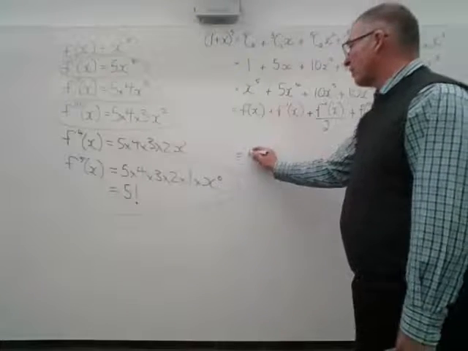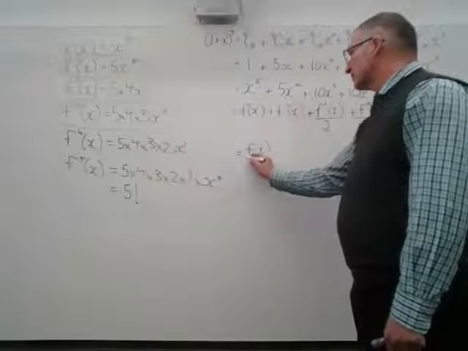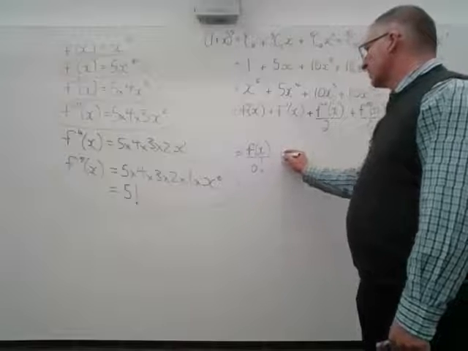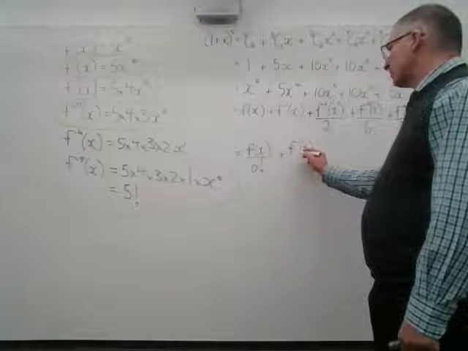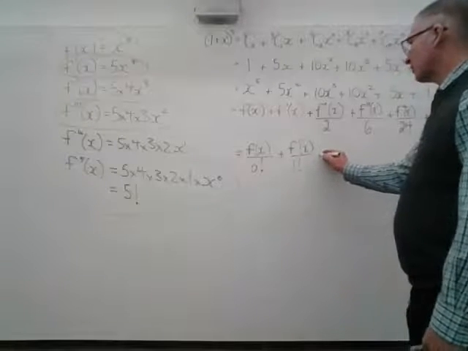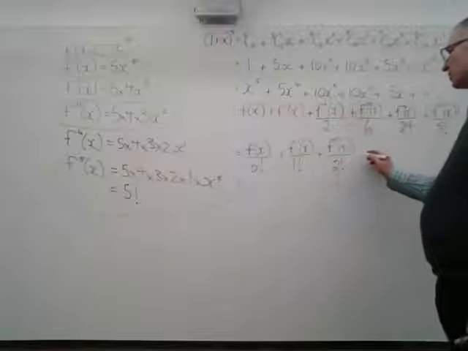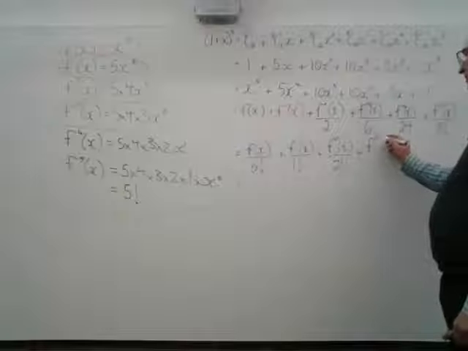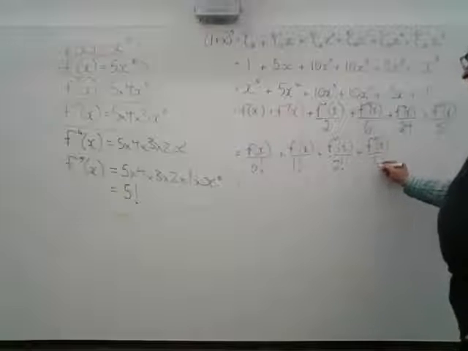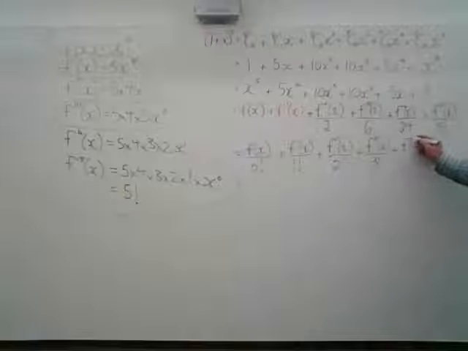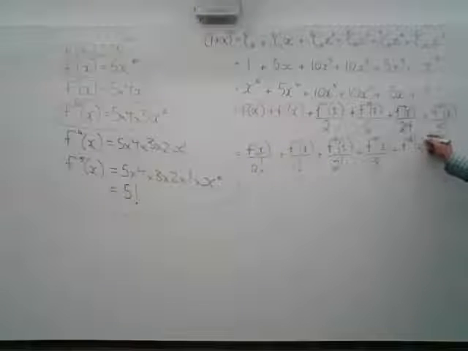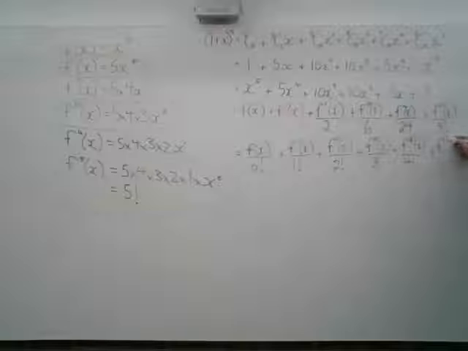It would work if I wrote f of x over 0 factorial plus f dashed x, the first derivative, over 1 factorial plus the second derivative over 2 factorial plus the third derivative over 3 factorial plus the fourth derivative over 4 factorial plus the fifth derivative over 5 factorial.